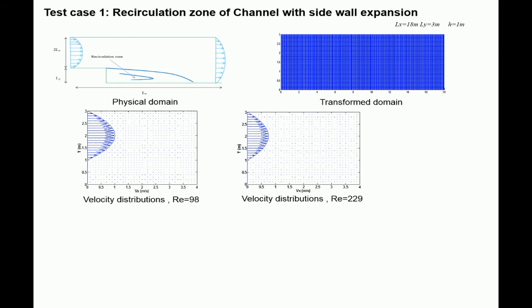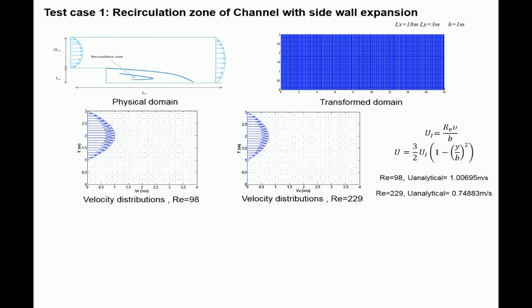So I picked two Reynolds numbers, 98 and 229, as a laminar fluid. Basically, for this type of channel with sidewall expansion, we should have parabolic velocity distribution. And the fluid enters from this side of channel.